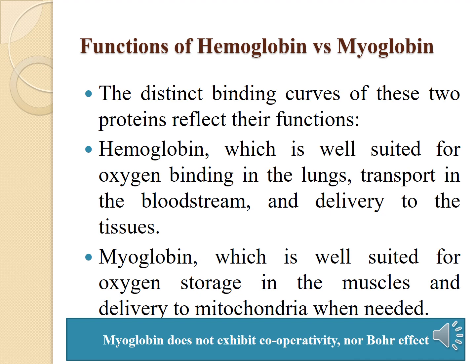Then this slide shows the functions of hemoglobin versus myoglobin. The distinct binding curves, the graph shown in the previous slides, show that the proteins reflect their functions. Hemoglobin is well suited for oxygen binding in the lungs, transport in the bloodstream, and delivery to the tissues, and myoglobin is well suited for oxygen storage in the muscles and delivery to mitochondria whenever it is needed.